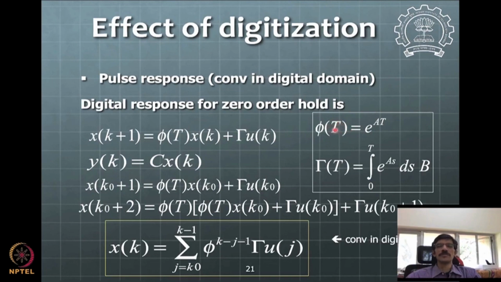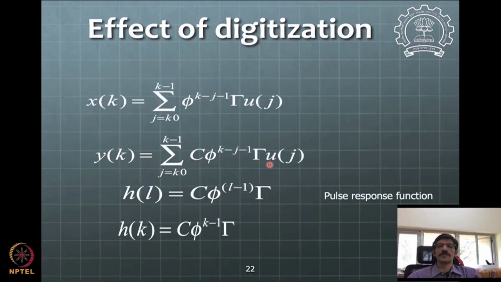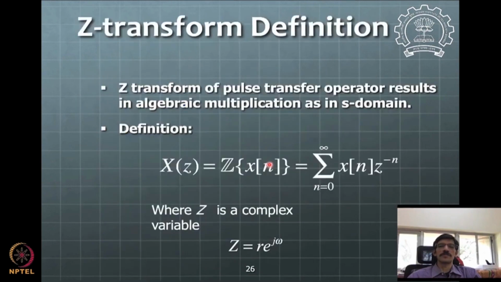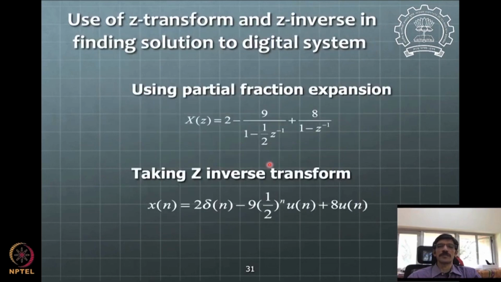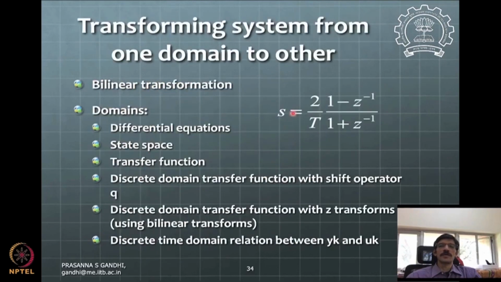So z is equal to e to the power sT. Now if we simplify this exponential in terms of a polynomial series expansion, you get some first and second order terms. Based on some approximation of the first order terms, one can now get this relationship, which is termed as the bilinear transform: s is equal to 2 over T, and so on. This comes from that.